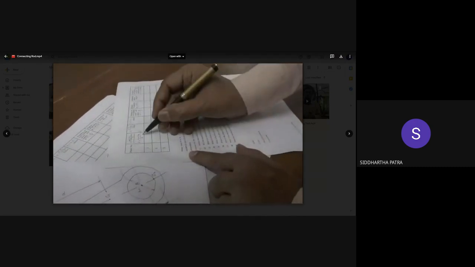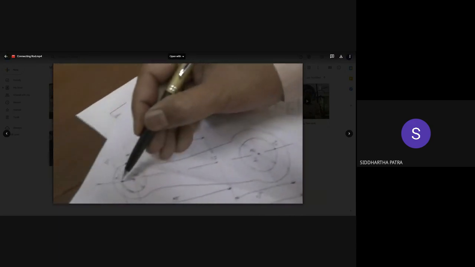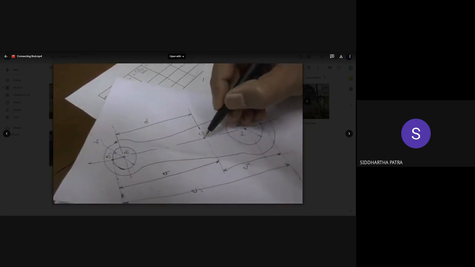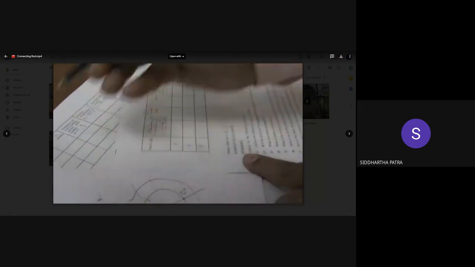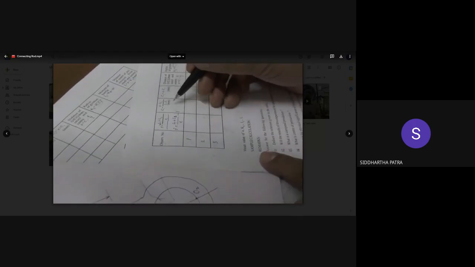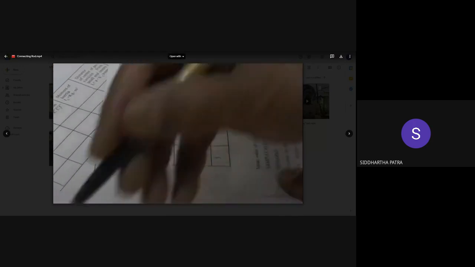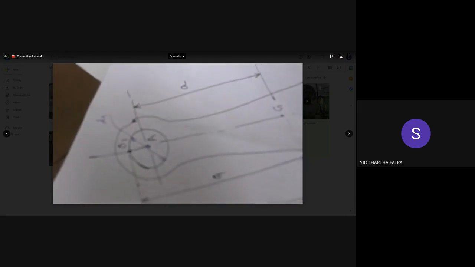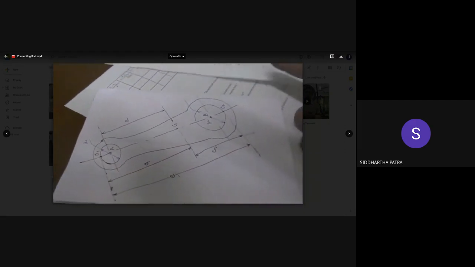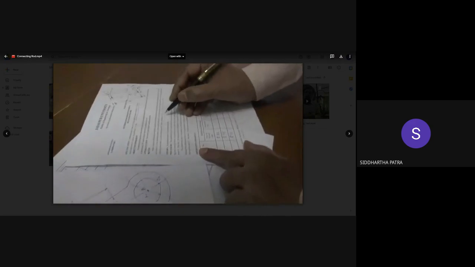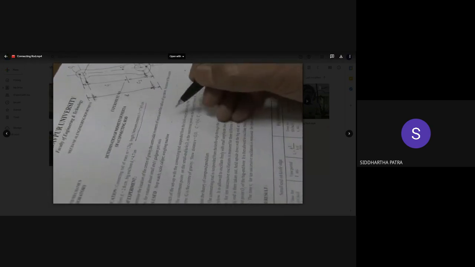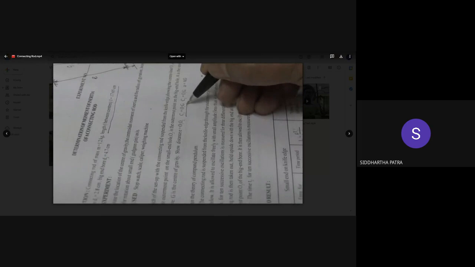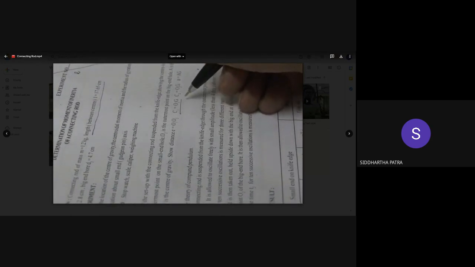So this E is used here. Then C1. C1 is from here to the center of mass, and this is C2. C1 is not known to you, but you have to calculate it using this relation. C1 is from O1 to the center of mass. Here it is written, E is O1, O2, that we already know, and C1 is O1G.